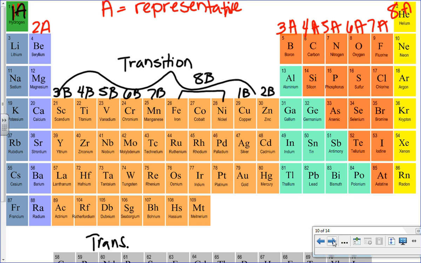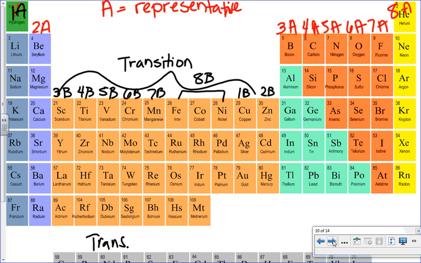the groups are a little bit different than they are on these other parts that are called representative elements. The transition elements, their group numbers are followed by a letter B. So that letter B indicates that the elements in those columns are transition elements. And they're numbered kind of funky. They start out with number 3 and they go 4, 5, 6, 7.